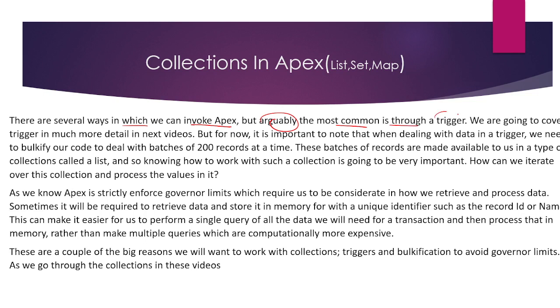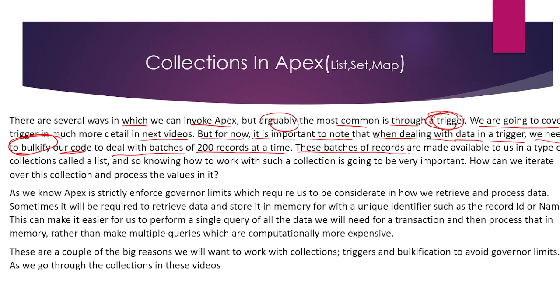Okay, there are several ways in which you can invoke Apex, but arguably the most common is through a trigger, and this is our main target, how to learn triggers. We are going to cover triggers in more detail in the next videos, but for now it is important to note that when dealing with data in a trigger we need to bulkify our code. This is very important: bulkify our code to deal with batches of 200 records at a time.